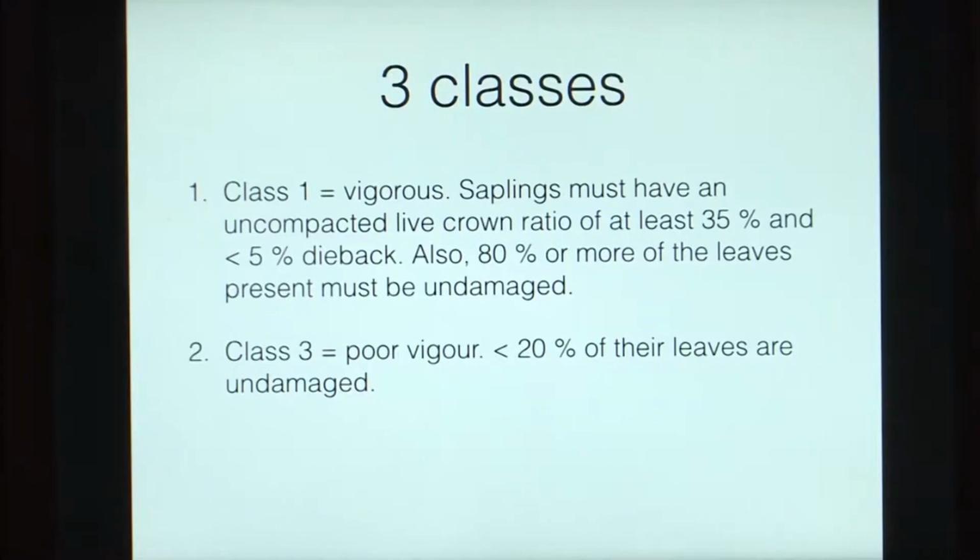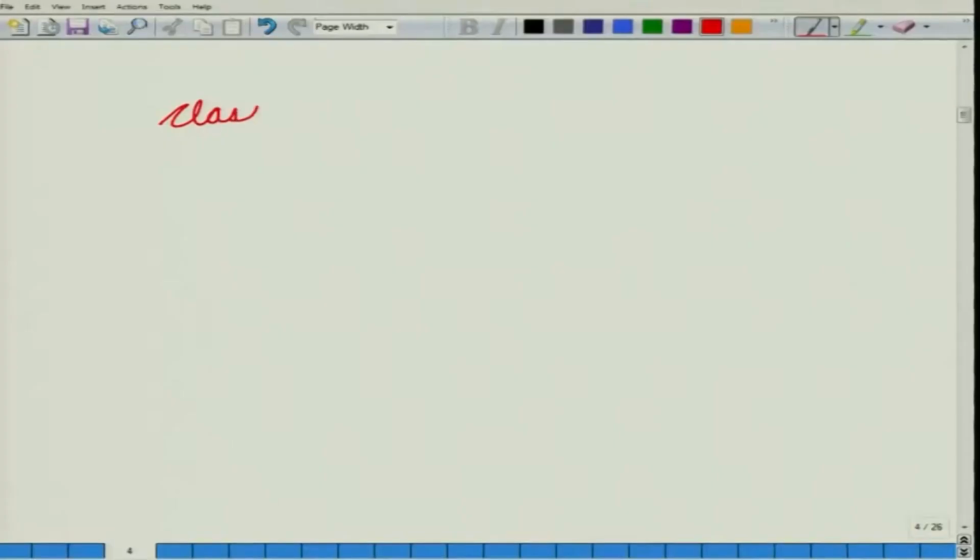The second class that we will consider is a class with poor vigor. In the case of poor vigor, less than 20% of their leaves are undamaged, or to put it in other words, for class 3 we have greater than 80% leaves that are damaged. Now, if the leaves are damaged, then this plant will not be able to perform photosynthesis properly.